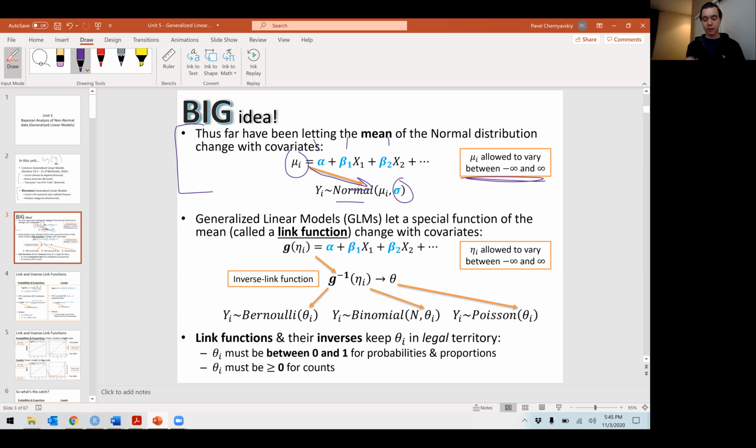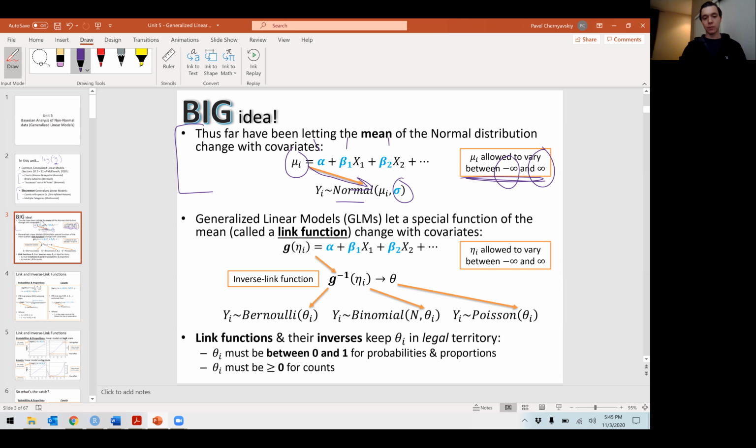But once we start dealing with counts and binary data, this -infinity to infinity is not good for us. If we have binary data and we're dealing with probabilities, those have to be between 0 and 1. If we're dealing with counts, not only do they have to be integers, 1, 2, 3, 4, 57, they are also bounded below by 0.